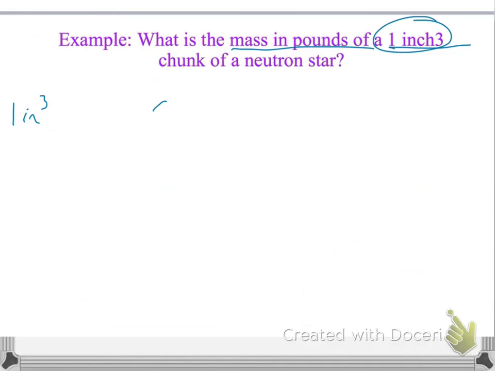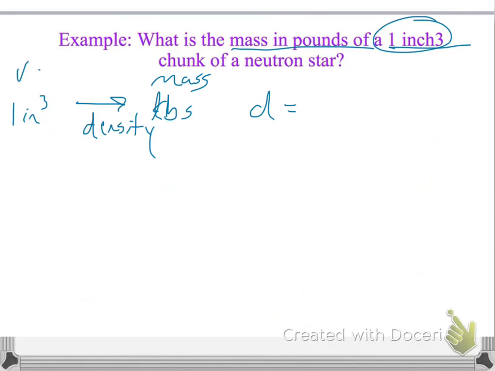Now we know that if we've got volume and we want to convert that to mass, and this is going to be in units of pounds, to go from volume to mass, you need to use density. And remember that the density of the neutron star is 5.9 times 10 to the 14th grams per centimeter cubed.